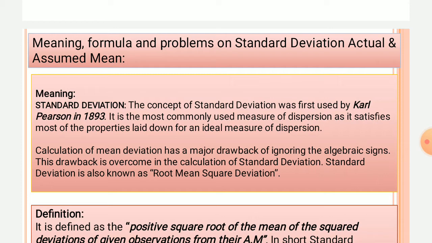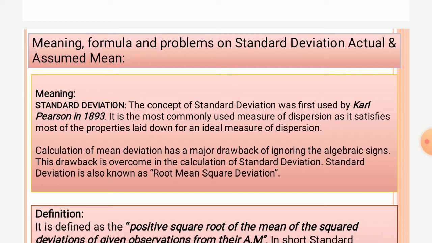Standard deviation is also called root mean square deviation, or mean error, or mean square error, and the reason is that it is the square root of the mean of the squared deviations from the arithmetic mean. Standard deviation provides accurate results.